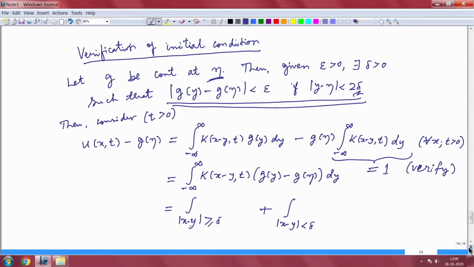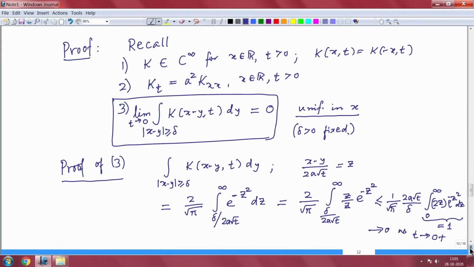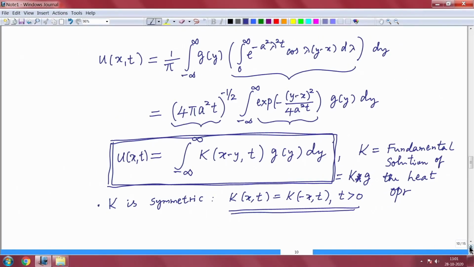With this we will stop here, and in the next lecture we continue from here and discuss uniqueness and some other results. Just remember this, it is referred to as the Fourier Poisson formula.